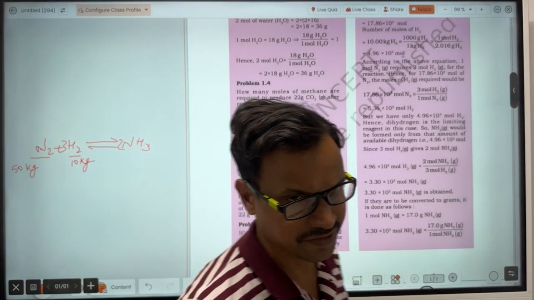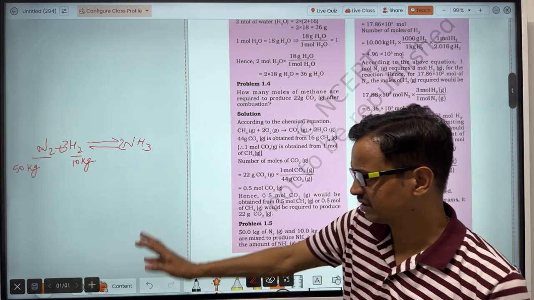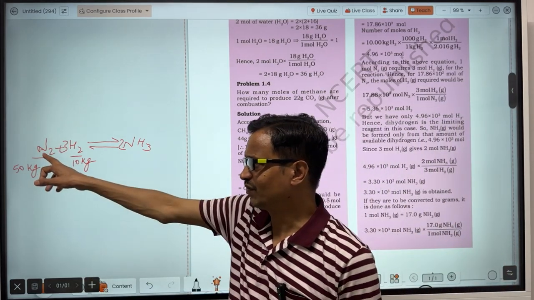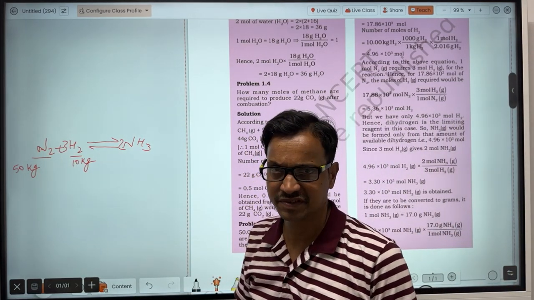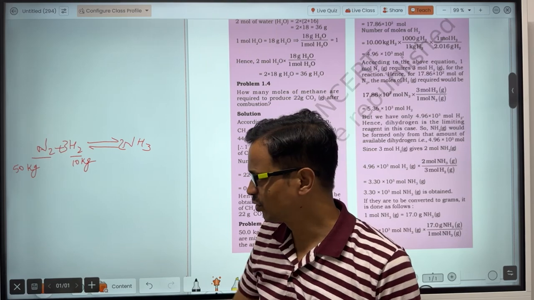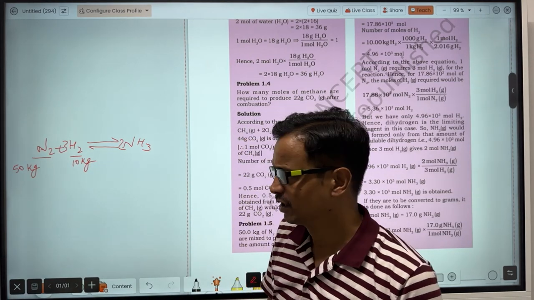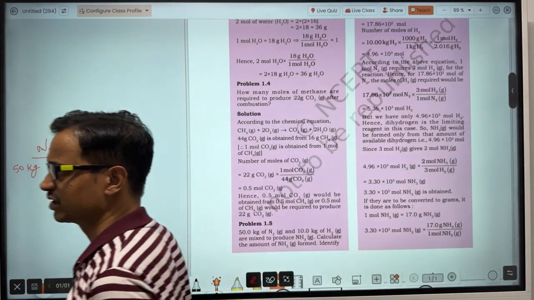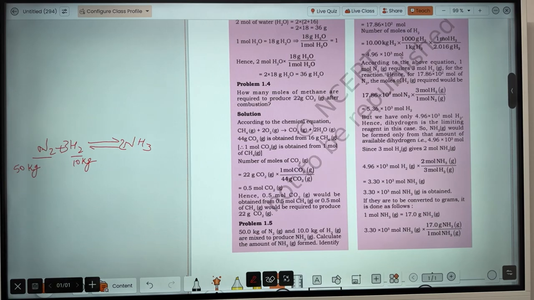When you watch the equation, you will find that 1 mole of nitrogen reacts with 3 mole of hydrogen. So the amount of nitrogen here is 50 kg. In that case you find the number of moles, and for hydrogen also.